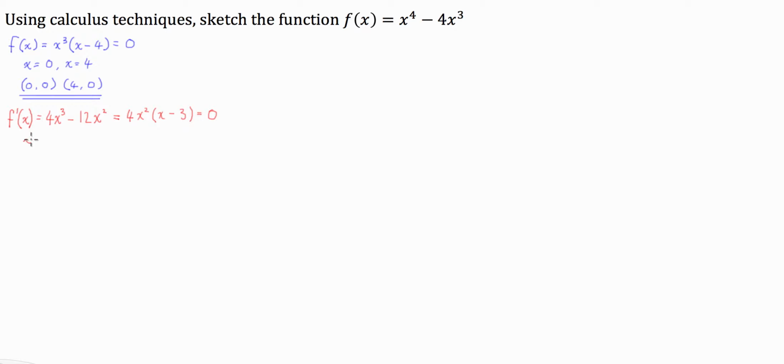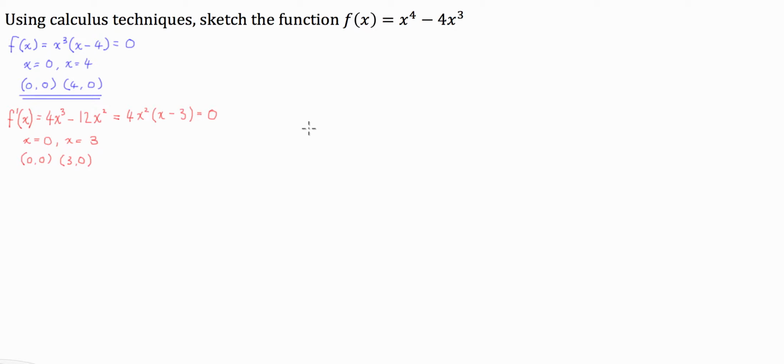So we have x equal to 0 or x equal to 3. So we have 2 more points where the first derivative is equal to 0.